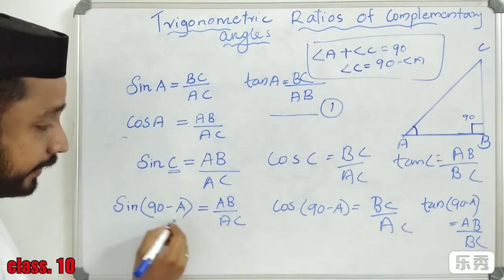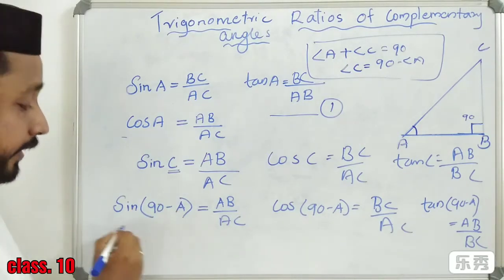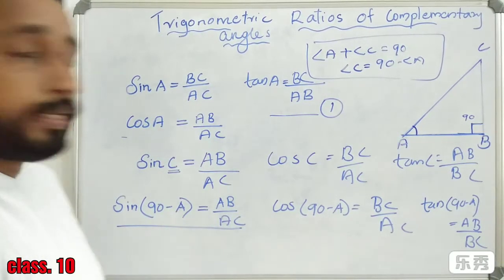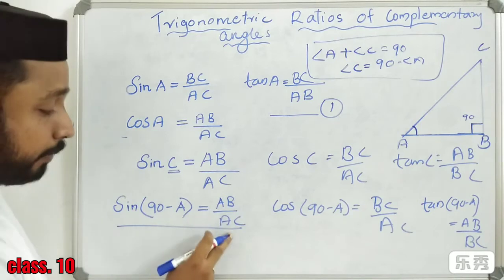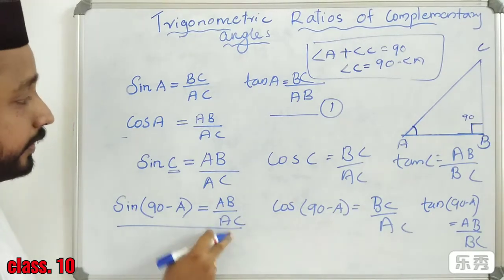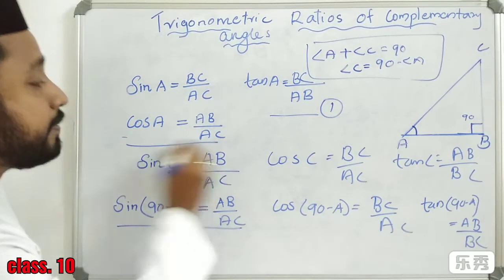Look at here. Sin 90 minus A: what is the answer? AB by AC. Here cos A is also AB by AC.